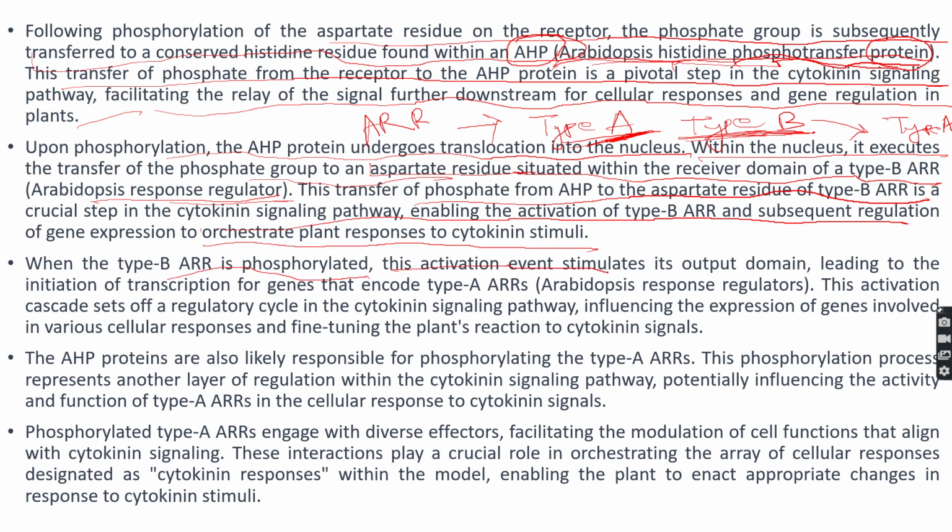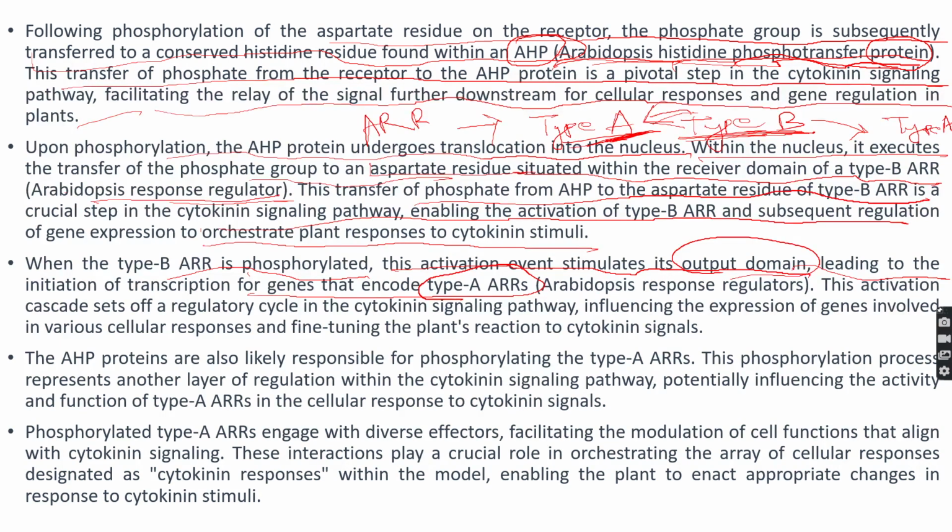Now, type B ARR is phosphorylated. This activation even stimulates its output domain, leading to the initiation of transcription of genes encoding type A ARR. That means type B ARR is basically producing type A ARR.